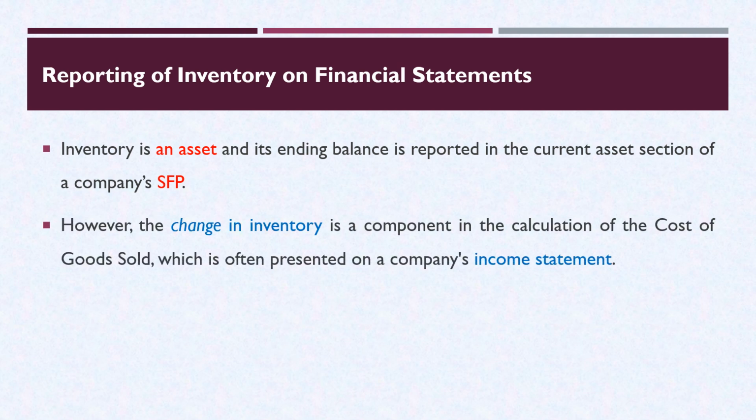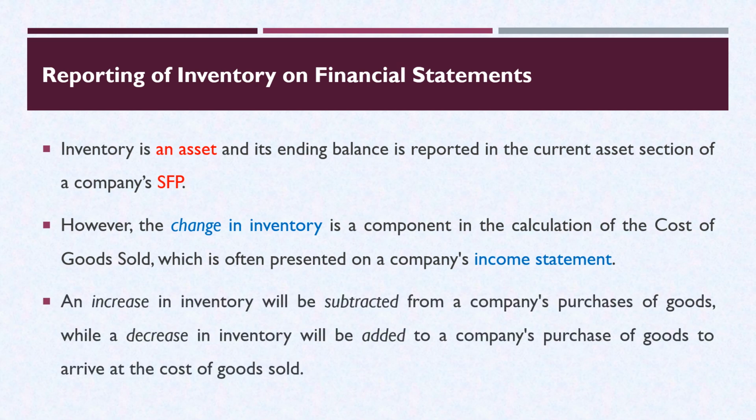However, the change in inventory is a component in the calculation of the cost of goods sold, which is often presented on the company's income statement. An increase in inventory will be subtracted from a company's purchase of goods, while a decrease in inventory will be added to the company's purchase of goods to arrive at the cost of goods sold.